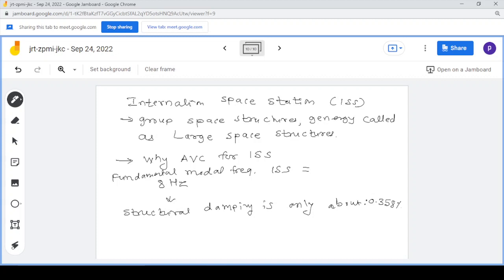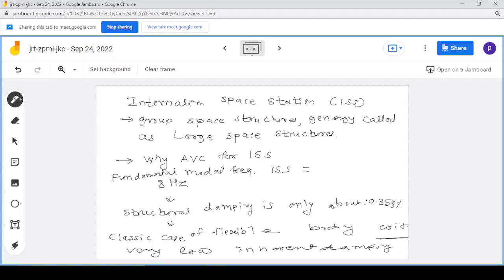The damping is very low, so this is a classic case of a flexible body with very low inherent damping.